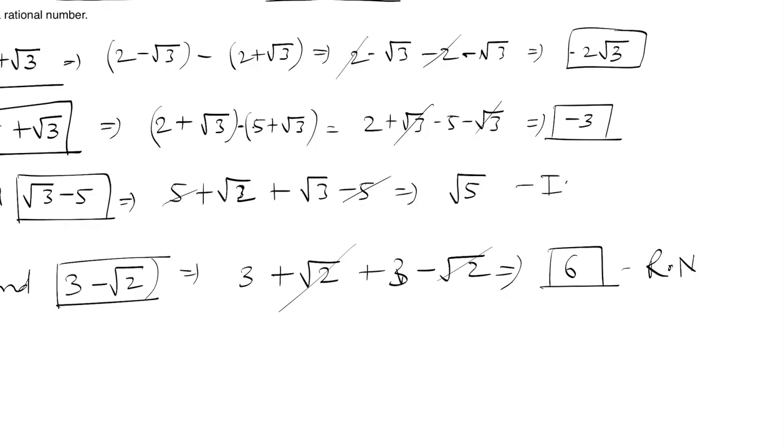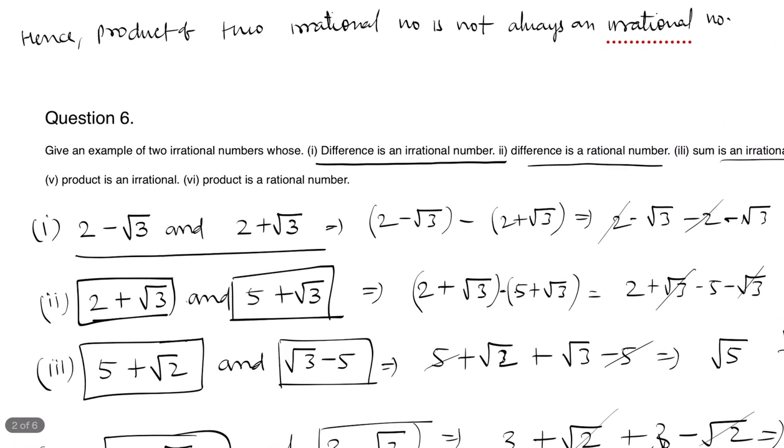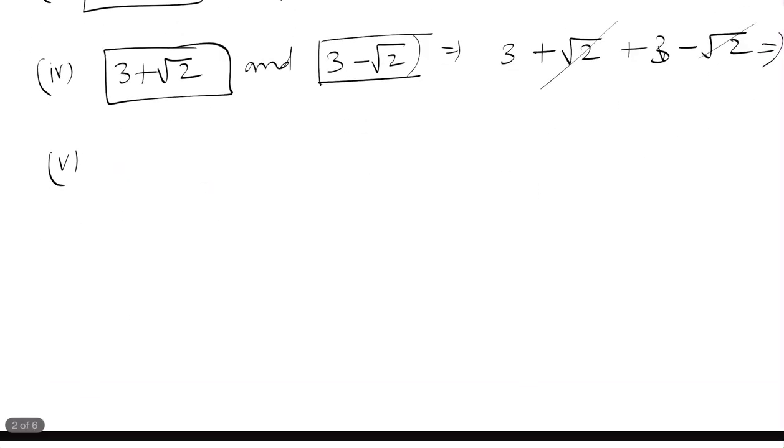This is an irrational number. Okay, this is a rational number. This is an irrational number. Okay, the fifth one is the product is an irrational number.